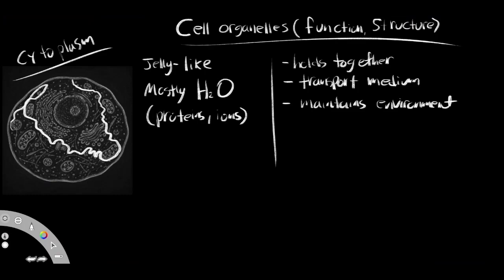We don't want any drastic changes quickly. It is an area that helps with cell metabolism. And lastly, like I said, it provides some suspension for the organelles to be nice and tight and not move around, okay?